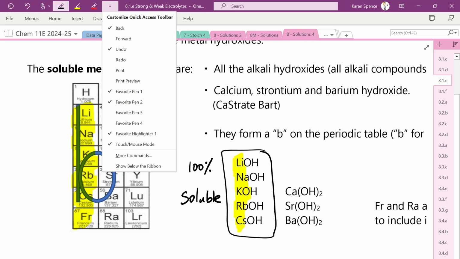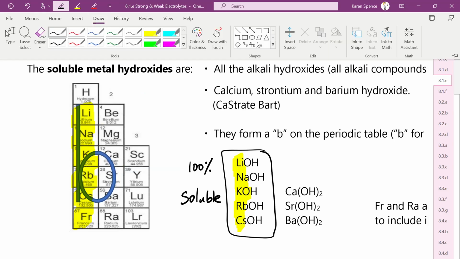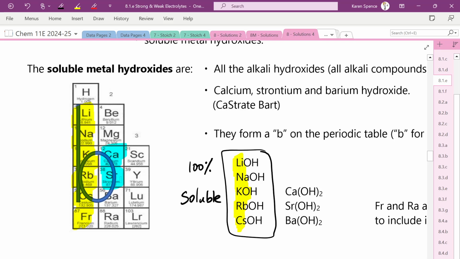Now, these other ones, your alkaline earth metals, Ca, Sr, and Ba, they are somewhat soluble, okay?